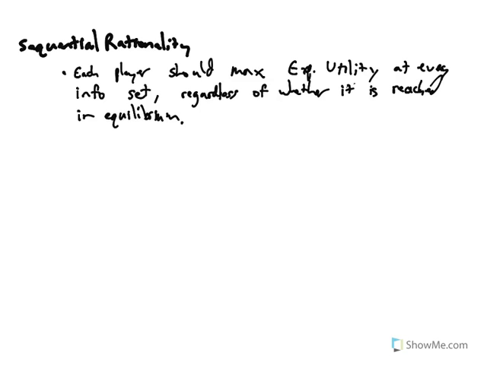I already told you what a game of perfect information is, right? There's no dashed lines. Every information set is a single node. In games like that, we apply a concept called backward induction, which we've discussed before.